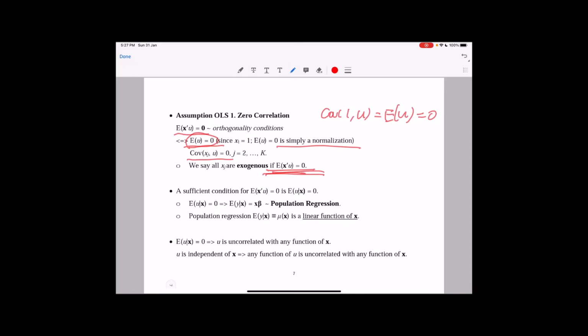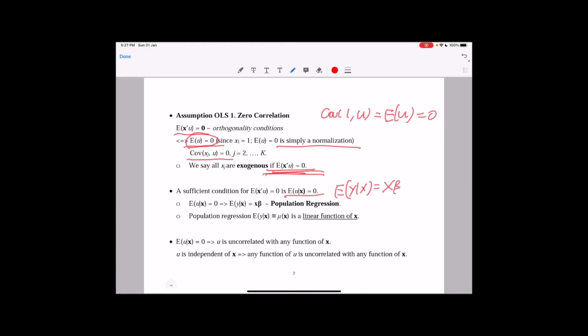A sufficient condition for the orthogonality condition is that the conditional mean of u given x is 0. If this is the case, then we can show that the conditional mean of y given x is x beta.